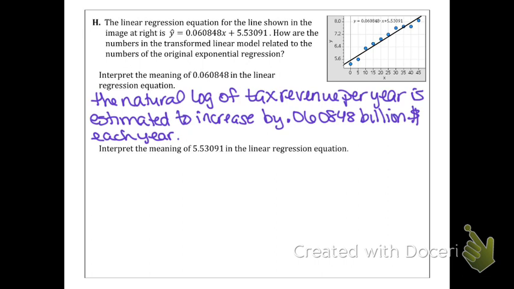Interpret the meaning of the 5.53091. Well, that's our y-intercept. That's at year 0, which was in 1970.